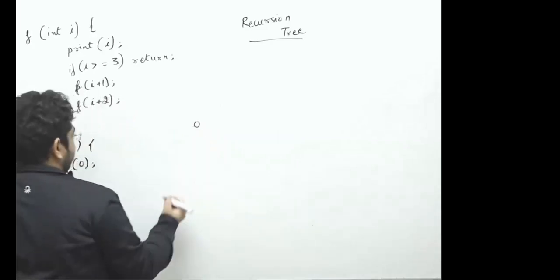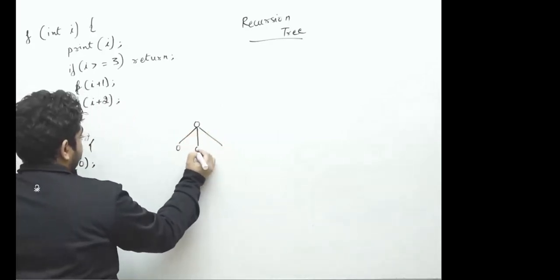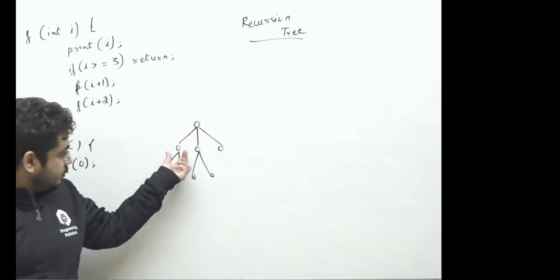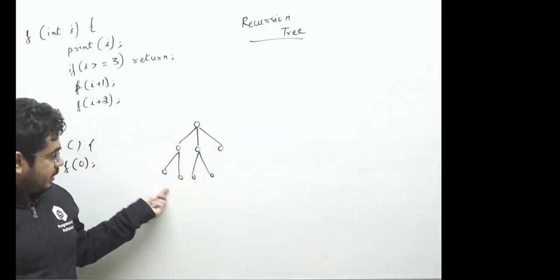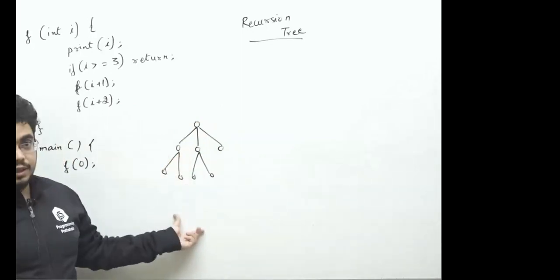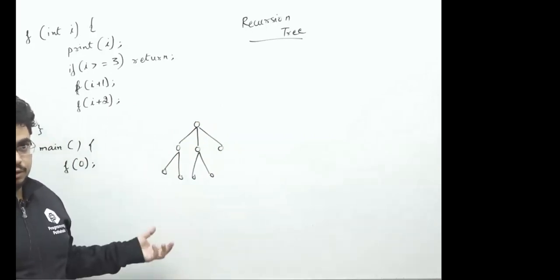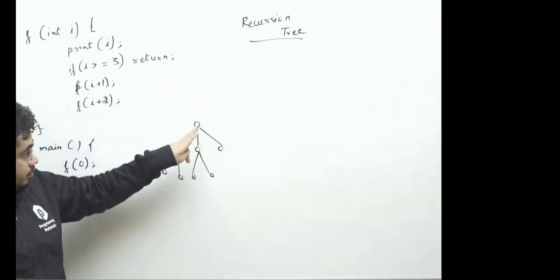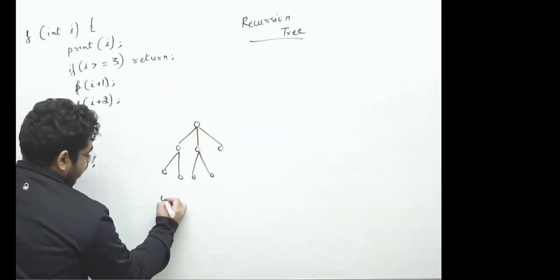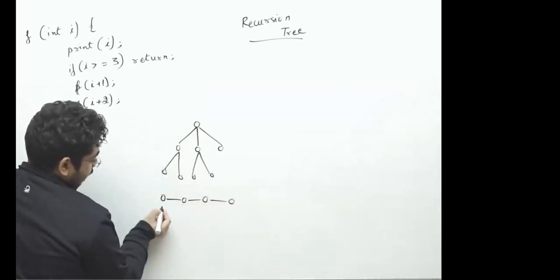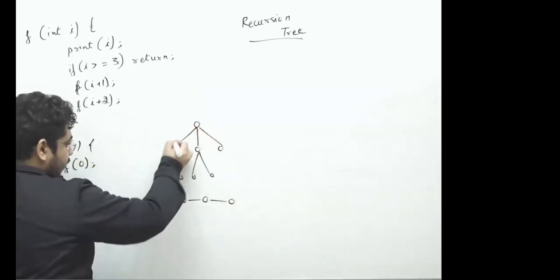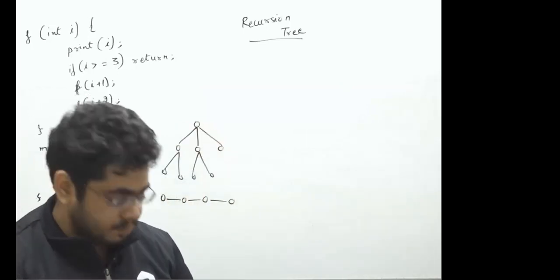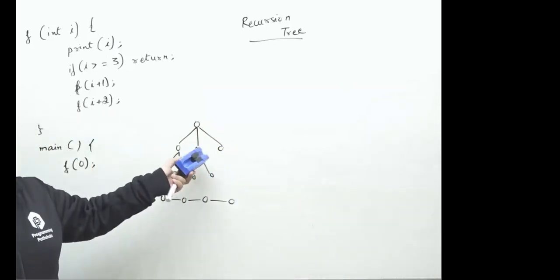A tree is basically a structure where a parent has certain children, then those also have certain children, and so on. It starts somewhere and branches out below. An array or a linked list starts and goes in a linear fashion, but a tree starts and goes into different branches. Is this okay? This kind of structure is called a tree.